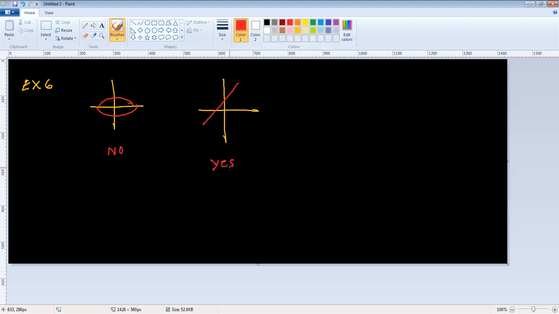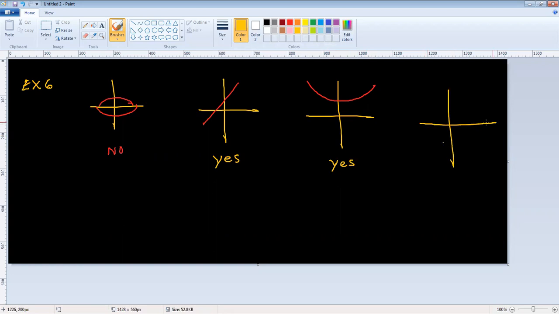Yes, this is a function. Okay, what about this? Is this a function? This is a yes. What about something like this? No, this is not a function because of the vertical line test.